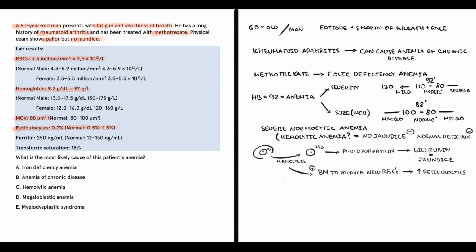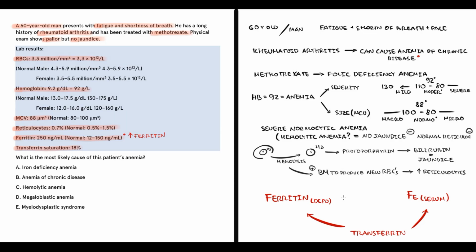But in his analysis, we also see an increase in ferritin and a decrease in transferrin saturation. What does this mean? Recall that we have ferritin that serves as an iron depot. We have transferrin that delivers iron to ferritin and serum iron, and we have serum iron, which we use to make hemoglobin.